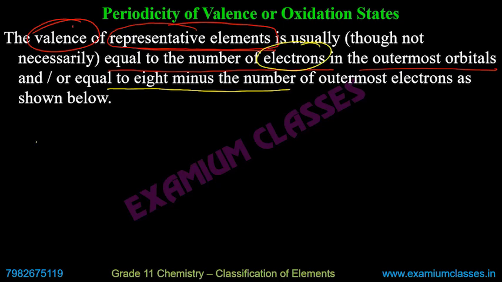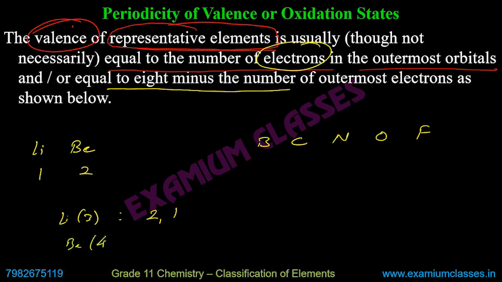Suppose I am talking about lithium, beryllium, boron, carbon, nitrogen, oxygen. Now here the outermost shell, you see the electron 1, here 2, because for lithium it's 3 electrons total, so it will be 2, 1. For beryllium, 4 electrons, it will be 2, 2.